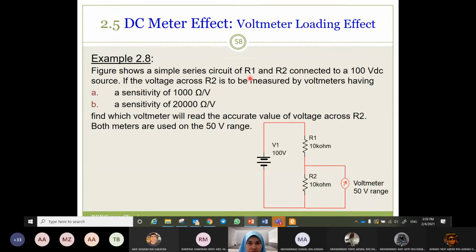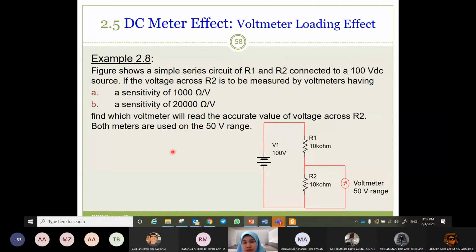If the voltage across R2 is to be measured by a voltmeter having sensitivity of 1000 ohm per volt and a voltmeter with sensitivity of 20,000 ohm per volt, find which voltmeter will read the accurate value of voltage across R2. Both meters are used on the 50 volt range.